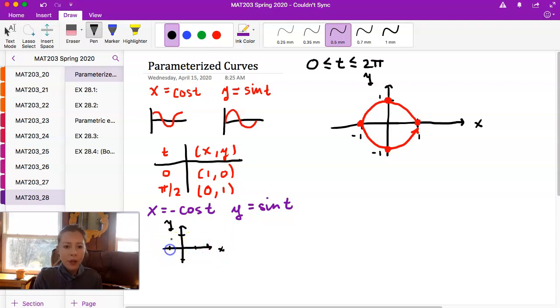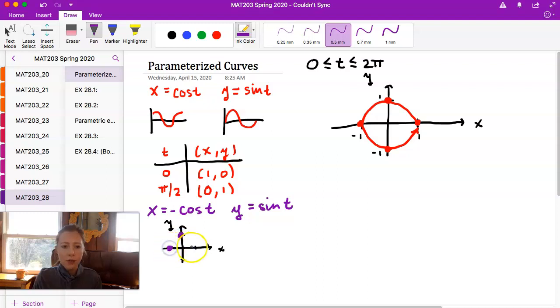When you do minus cosine t, that's minus 1, and we still have sine t for y. So we are starting at minus 1, 0. We're starting over here. Then if we plug in pi over 2, we end up with 0, 1.